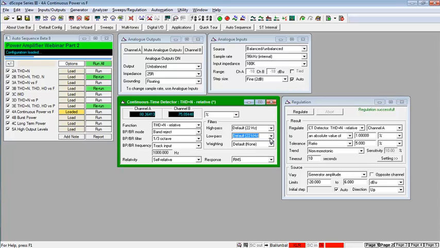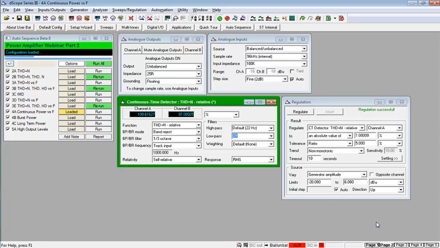In other words, I might be at the onset of clipping, but I've filtered out those harmonics from my measurement, and therefore the distortion appears to be lower than perhaps I might want to measure for a clipping test, and therefore I need to ramp the generator amplitude up further in order to hit my 1% THD plus N figure. So in this particular test, it may be argued that it's a bad idea to have a low-pass filter engaged on your THD plus N measurement if you're interested in looking at the onset of clipping.